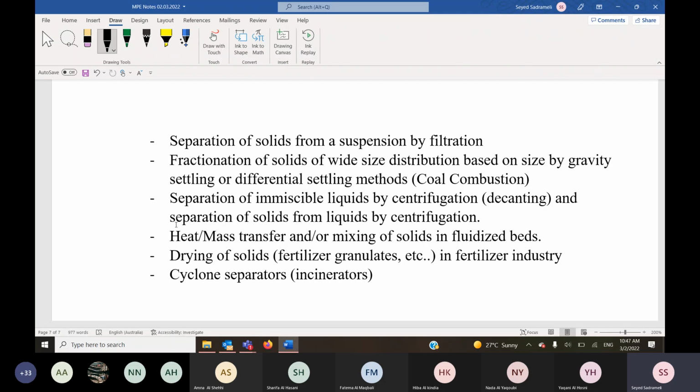So in the incinerator, the flue gas out of the combustion includes some ashes, some solid particles, and normally we send them to the cyclone for separation of the ash materials and solid particles from the gases. This is also used, and so on. So these are the unit operations involving particulate solids.